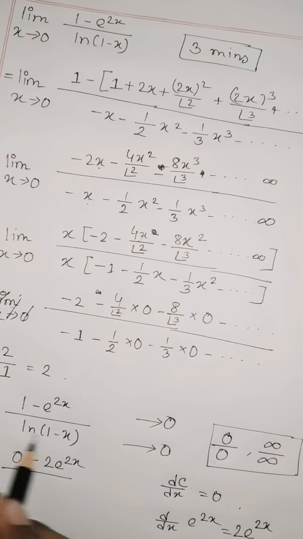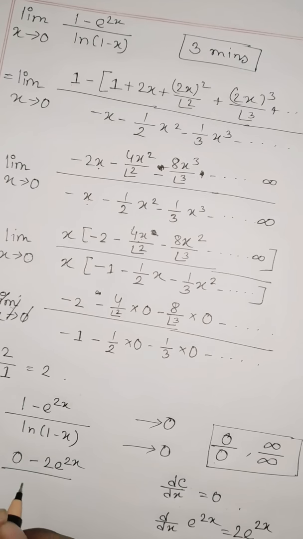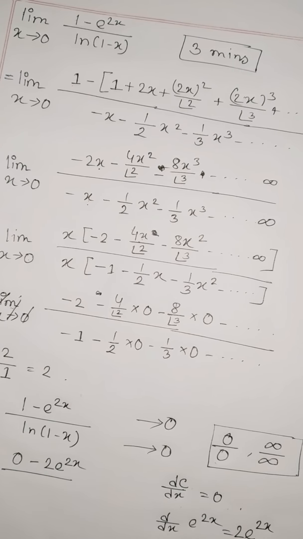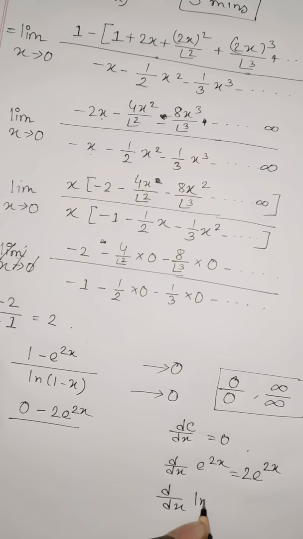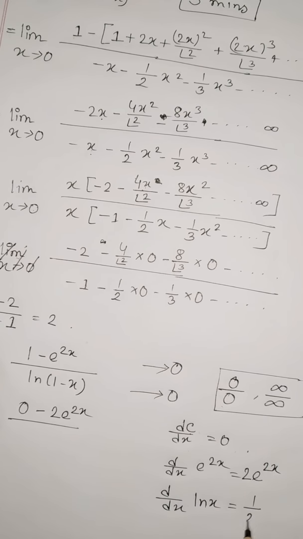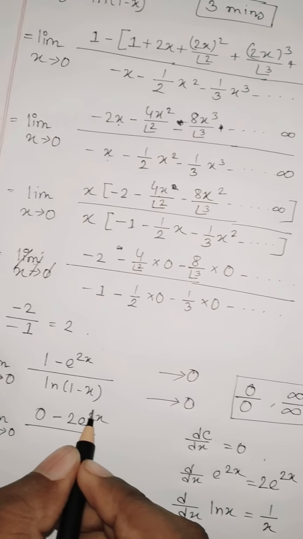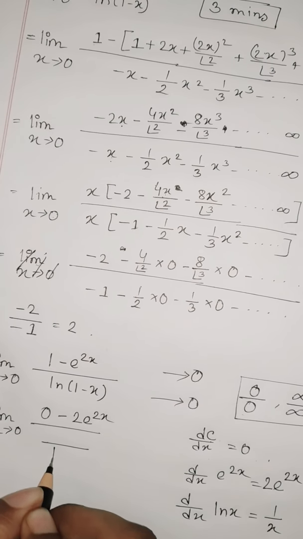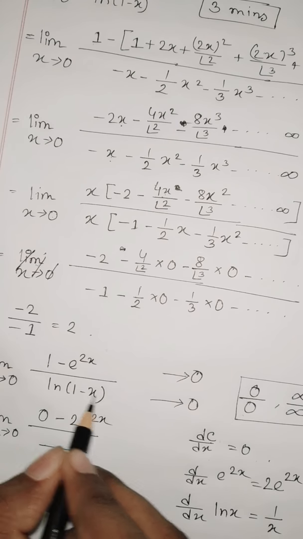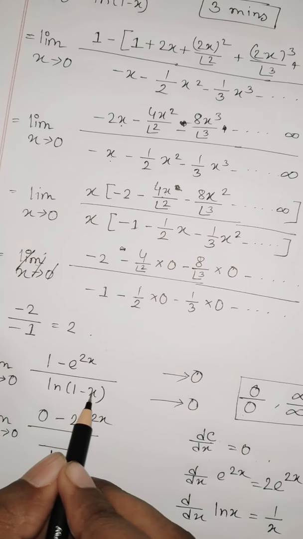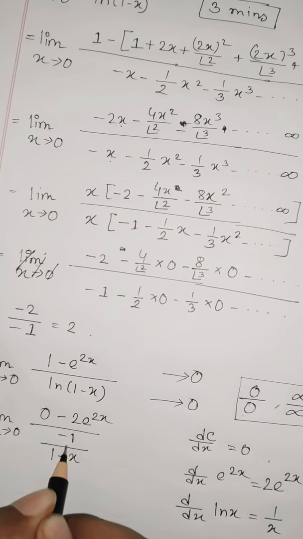Next, if we differentiate this one, d/dx of ln x is equal to 1 by x. So d/dx of ln of 1 minus x: we differentiate 1 minus x, d/dx of 1 is 0, and d/dx of minus x is minus 1.